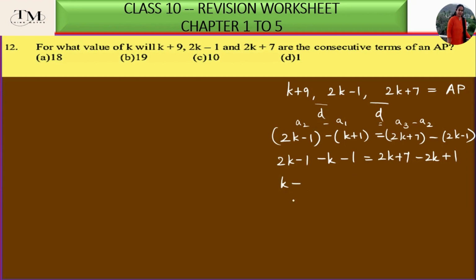So if both are negative, put the negative sign and add the numbers. So 1 plus 1, 2. On the other side, it is plus 2k and minus 2k, so this gets cancelled. So 7 plus 1 is 8. So we need k. K will be equal to 8, minus 2 will become plus 2. 8 plus 2 is 10. So option C is the right answer. So the solution is C, 10.